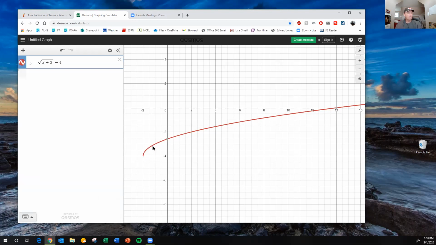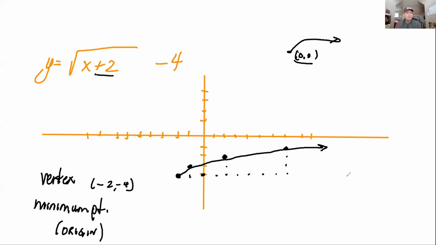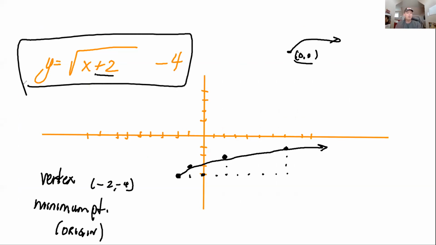If I go over 1 and up 1, I'm at this point here, negative 1, negative 3. And if I go over 4, I'm at this point right here, which is a nice one to graph, and so on. So in the end, in the matter of about 15 minutes, we get to the point where we could graph that function. That's pretty awesome, guys, especially doing it remote.